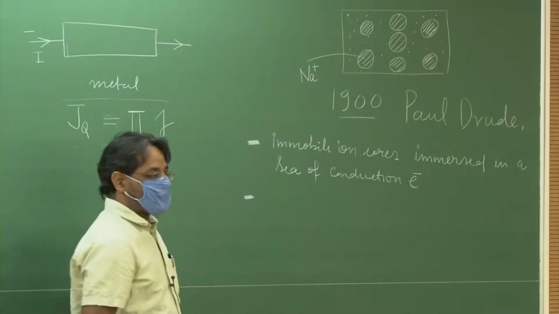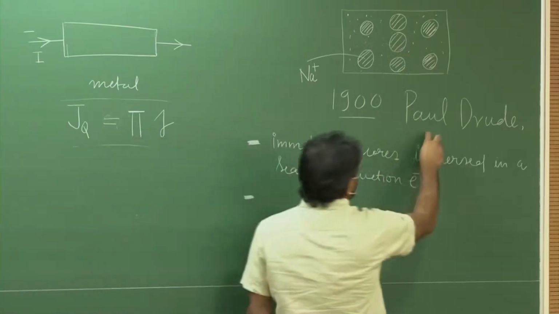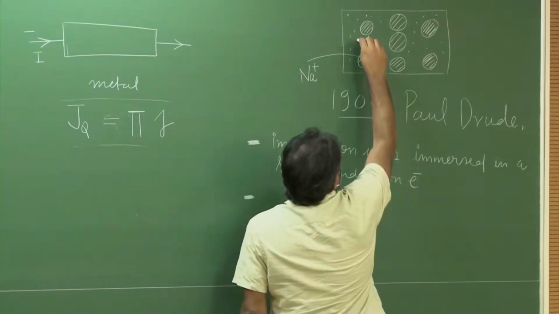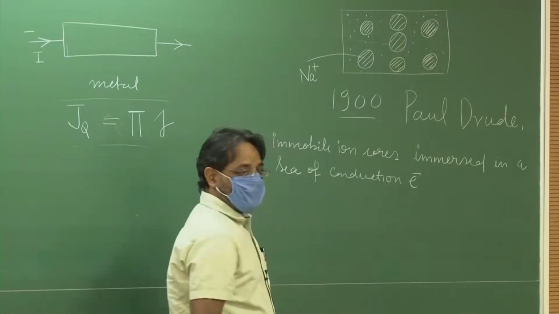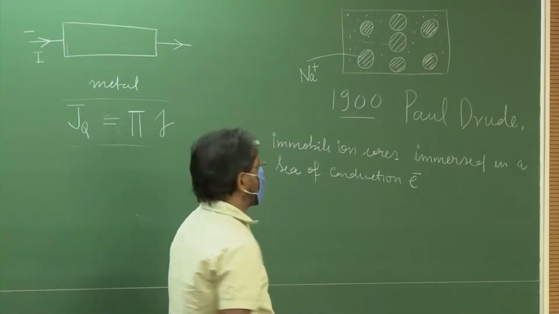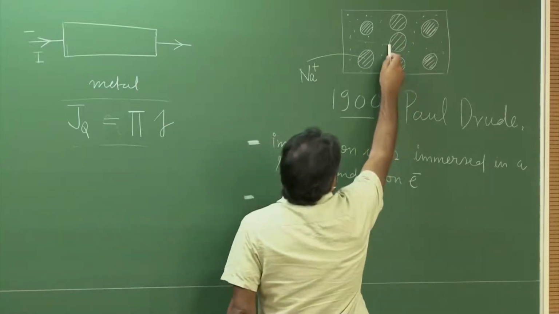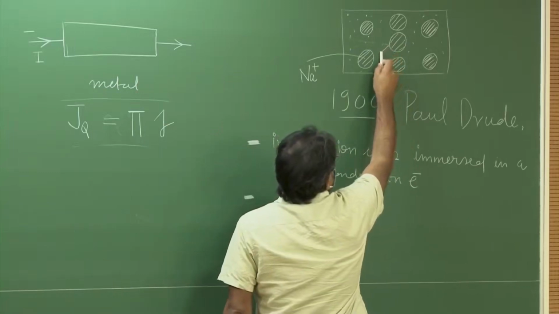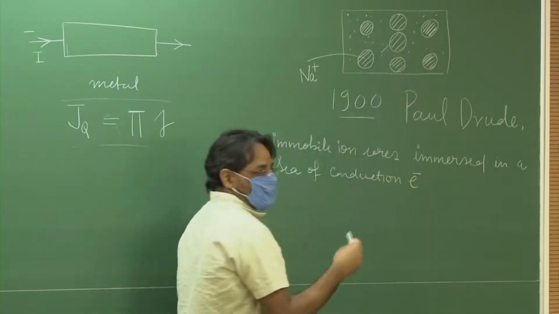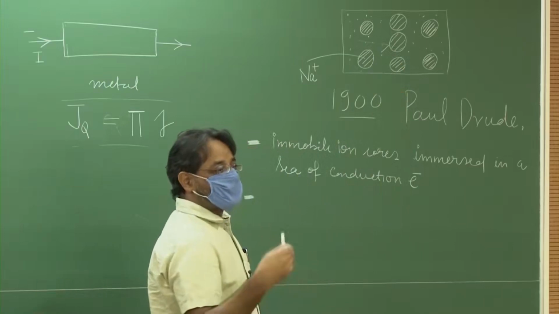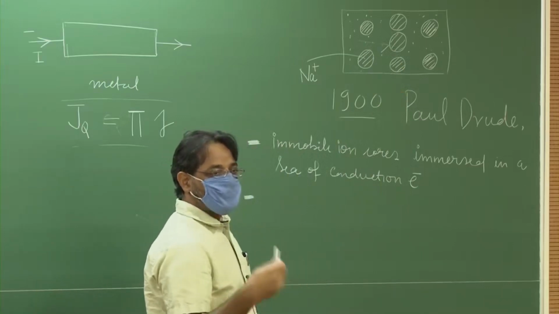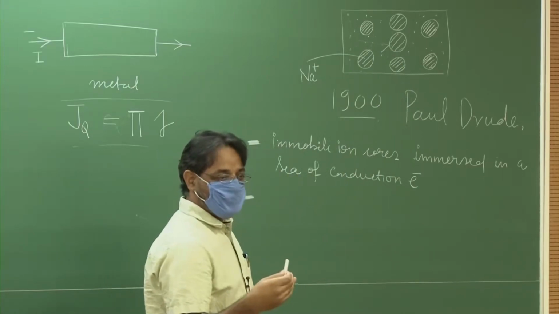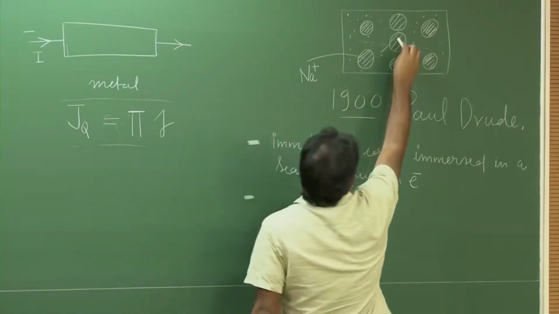Drude assumed that the electrons collide on these immobile ionic cores, and after the collision, the direction of their motion will change but the speed would not, which means that the collision is elastic.